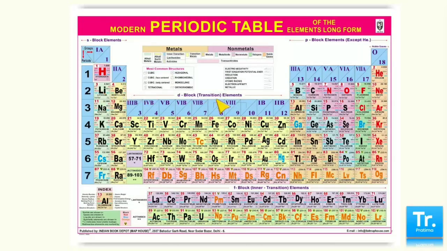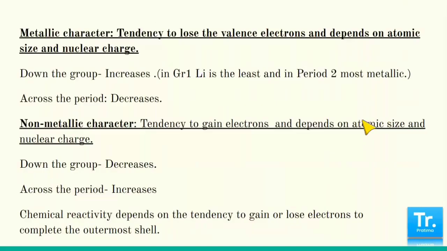Metal, metal and metal, but the metallic character is decreasing. Here non-metal, non-metal, non-metal, but the non-metallic character is increasing, and when we come down this side the metallic character is increasing, and when we come down this side the non-metallic character is decreasing.